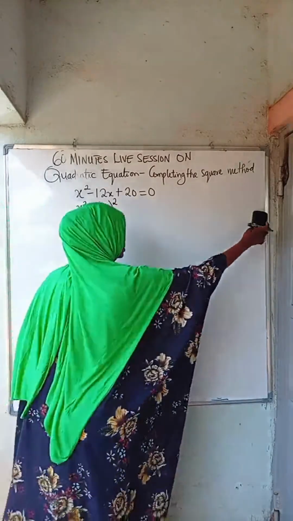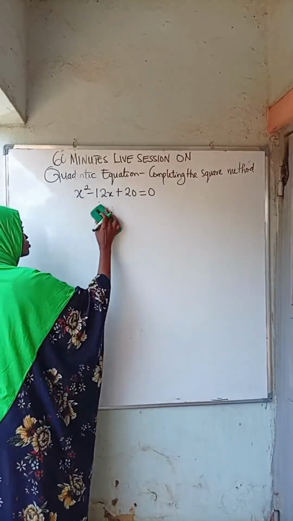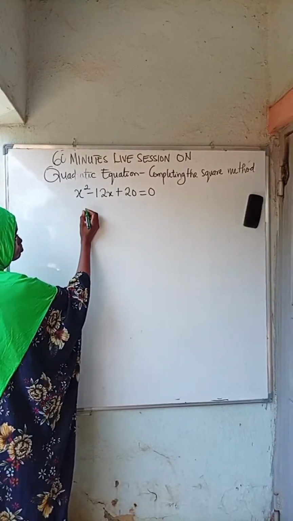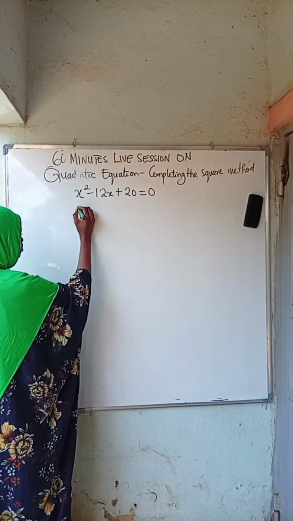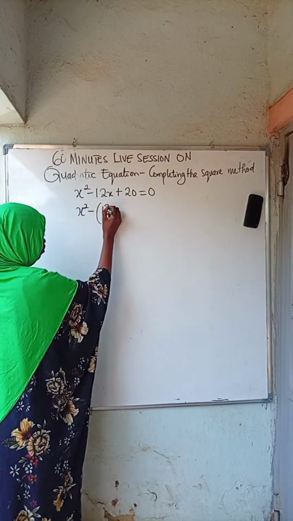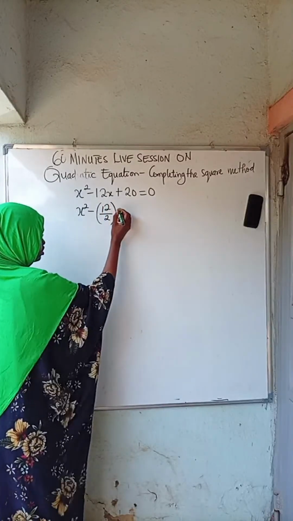Let me do it this way. This is x squared minus 12 divided by 2, and take the square of it.